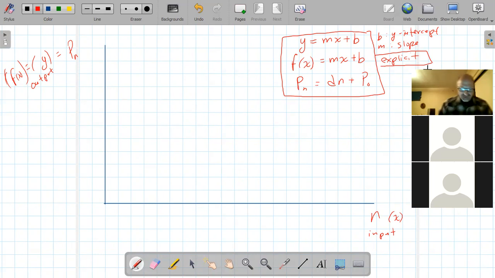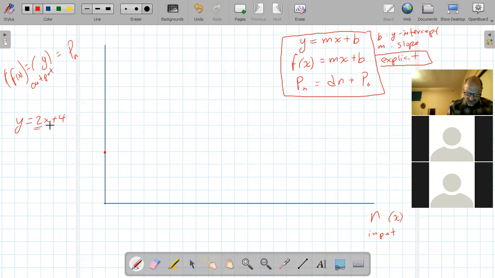So linear functions, as you know, form lines when you graph them. So you might have a linear function that starts here, and let's say that's 1, 2, 3, 4. The y-intercept would be 4. That means we get, I'll just write it this way, y equals 2x plus 4. The y-intercept would be 4.